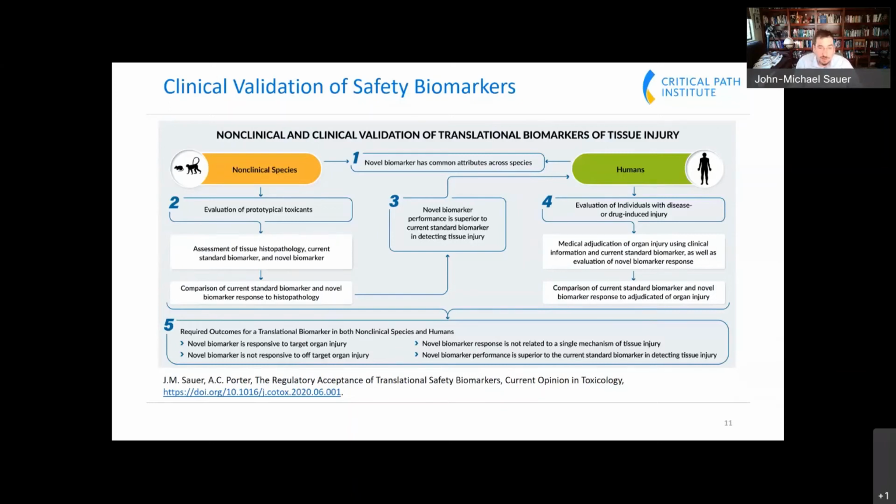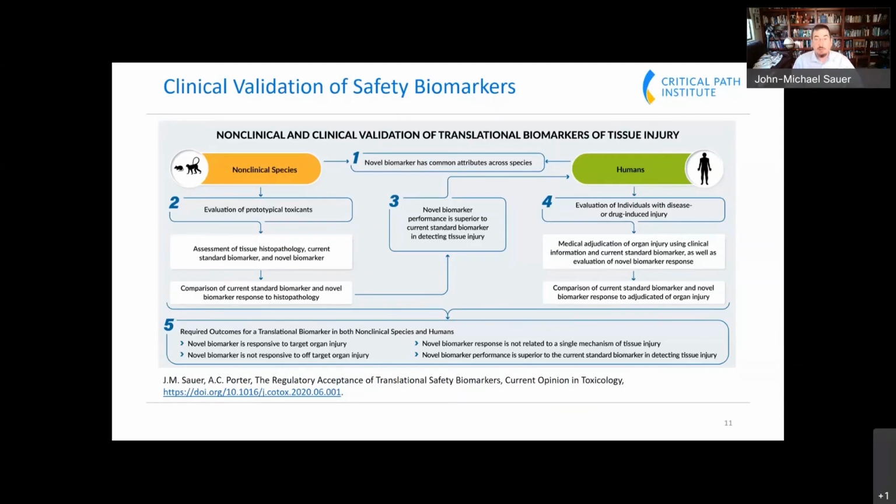And the truth here is histopathology. Hopefully what we find is that this novel biomarker performs in a superior fashion to that of the current standard. We would then take that biomarker into humans and compare that novel biomarker again to the current standard biomarkers under conditions where we're actually seeing organ injury.